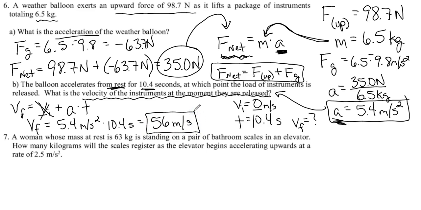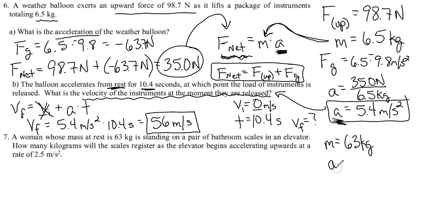Okay. So moving on to number 7, it says a woman whose mass at rest is 63 kilograms is standing on a pair of bathroom scales in an elevator. So mass is equal to 63 kilograms. How many kilograms will the scales register as the elevator begins accelerating upwards at a rate of 2.5 meters per second squared?